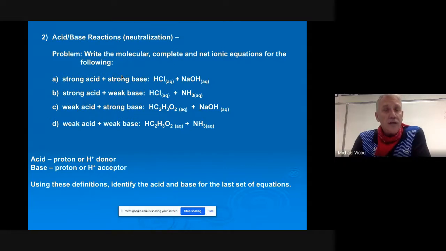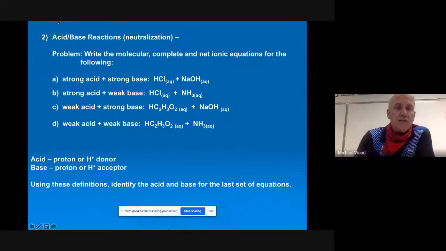So going back to the equations we did above, letter A and letter C were the older historical Arrhenius definition of bases, where they give up OH. But in B and D, it's this last definition. So the question says, use these definitions to identify the acid and base for the last set of equations.